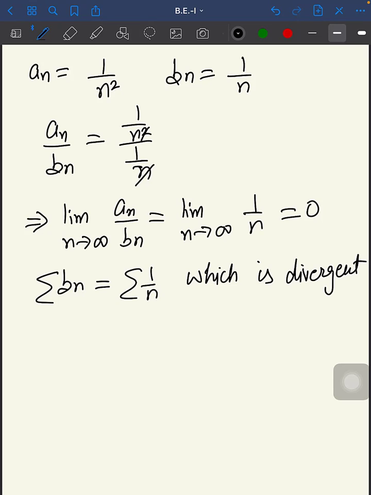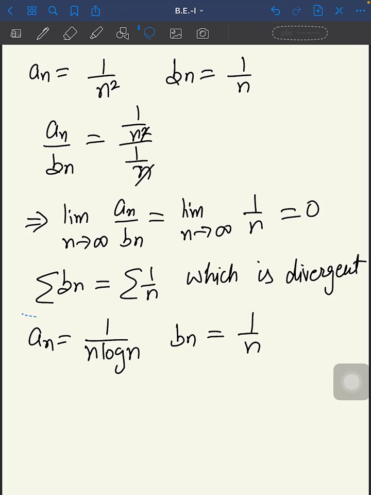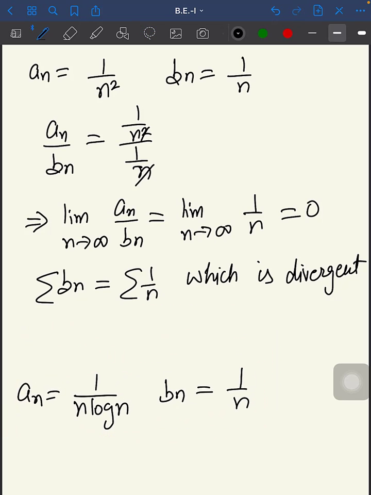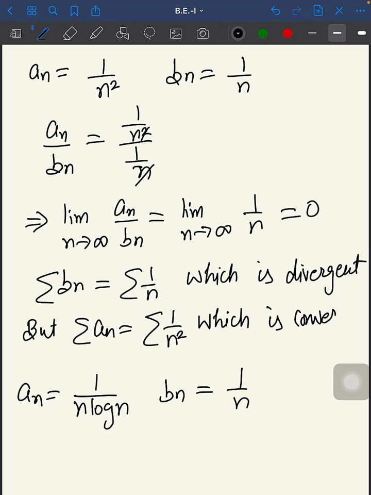Now you take another example where you take an to be 1 by n log n and your bn is 1 by n, right? But what about your summation an? Your summation an is 1 by n square, which is convergent, right? So now again you take summation bn.